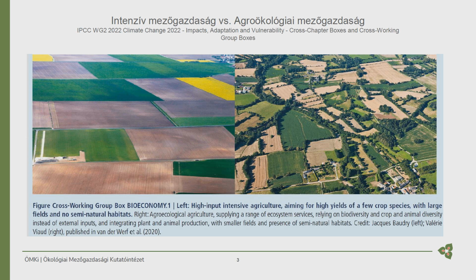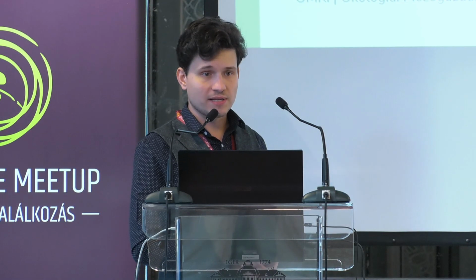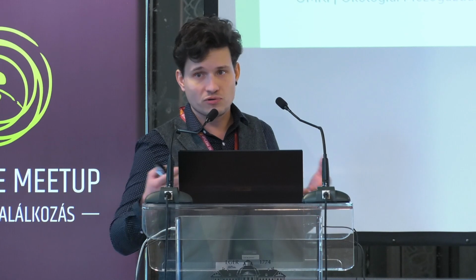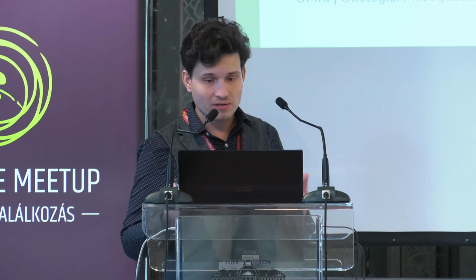what a landscape looks like when you have intensive agriculture. Normally, monoculture is present here, the same species of crops, and no sign of natural vegetation, while on the right-hand side, you can see a landscape using agroecological practices, and you see there are lots of green corridors between the fields, and there are small habitats, and there are different crops grown in different smaller sites.